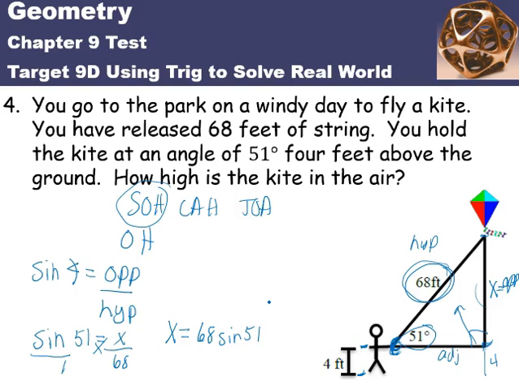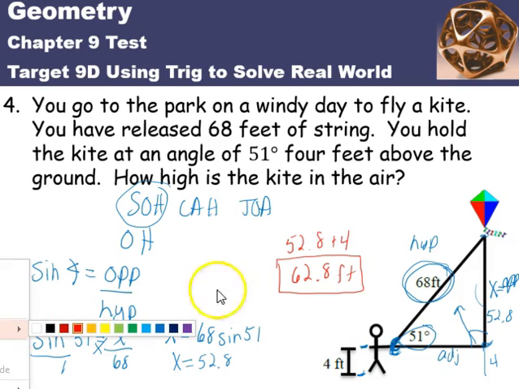Okay, so I'm going to say x is 52.8. It doesn't say what to round it to, so I'm going to leave it as 52.8. But that's just this. Now how high is the kite? I'm going to take that 52.8 and add the 4 feet that my hand is off the ground, and I get 62.8 feet high in the air.